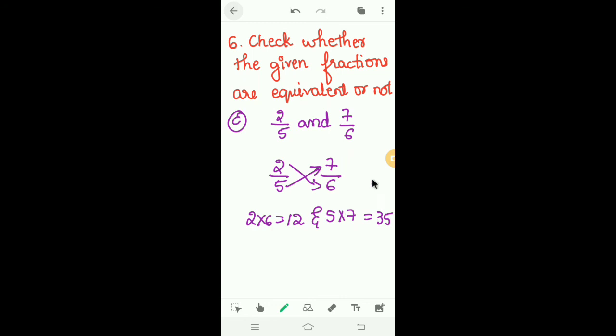Here both the answers are different. So 2 by 5 and 7 by 6 are not equivalent fractions.